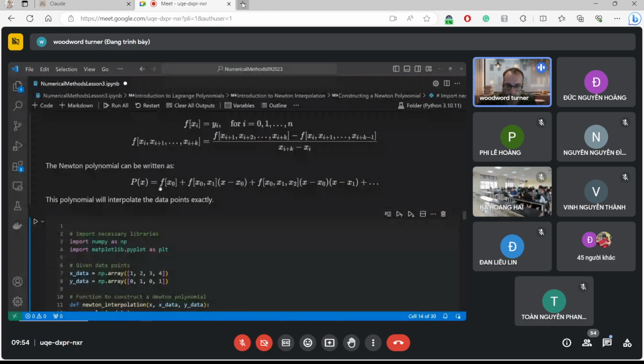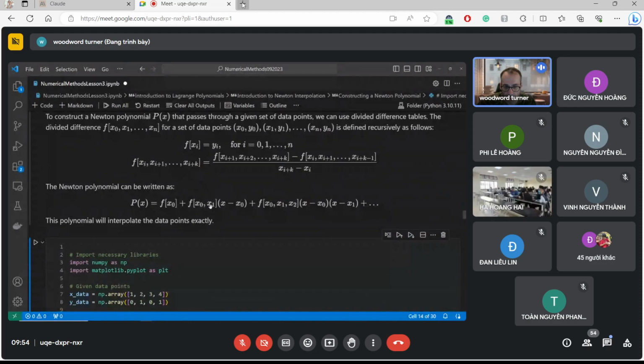Well, I take the initial one, the initial point y0, and then I add the first divided difference, f of x0, x1, and I multiply that by this factor, x minus x0. And then I add the next one, f of x0, x1, x2, which remember is defined up here by the ones before it. And then I multiply x minus x0, x minus x1, and then this continues.